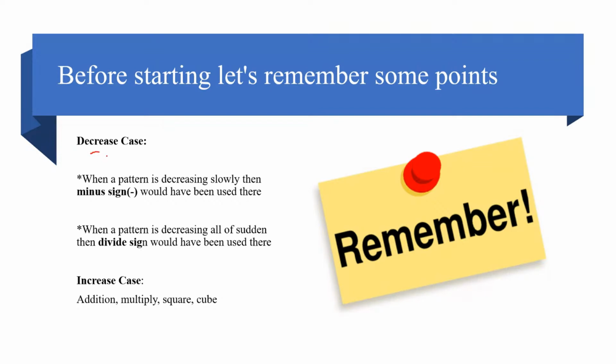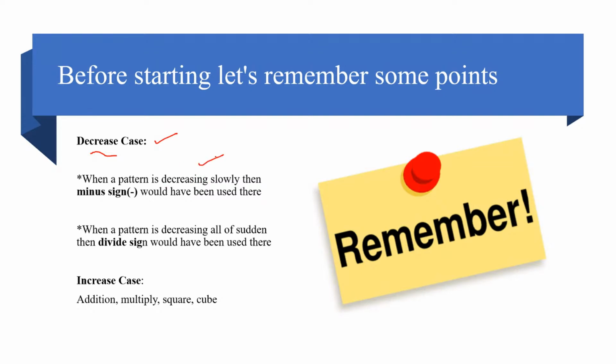What are the two things? First is the decrease case. Suppose I get a question and I want to understand the pattern of that question. Whether it's a minus, a plus, whether it is decreasing or increasing, how to understand that? Suppose a pattern is given and it is decreasing very slowly.